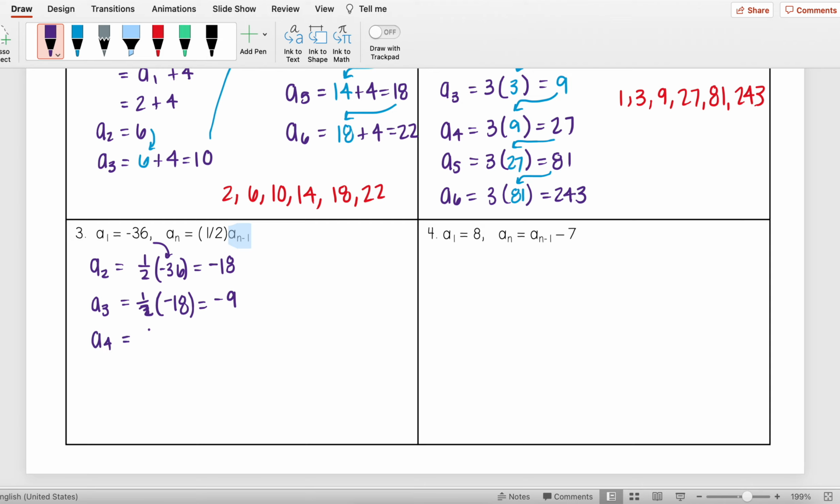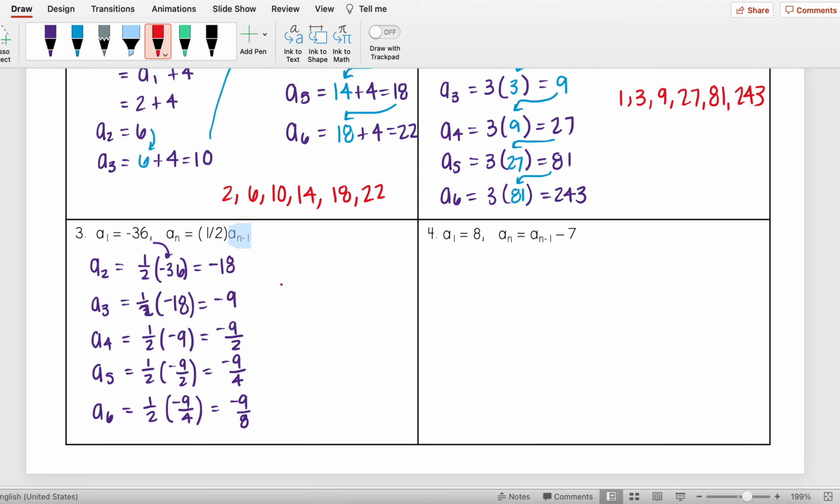My 4th term is going to equal 1/2 times my previous term, negative 9, to get negative 9/2. a5 is going to be 1/2 times my previous term, negative 9/2, to get negative 9/4. And then my 6th term is going to be 1/2 times my previous term, negative 9/4, to get negative 9/8. And so my sequence here is negative 36, negative 18, negative 9, negative 9/2, negative 9/4, and negative 9/8.